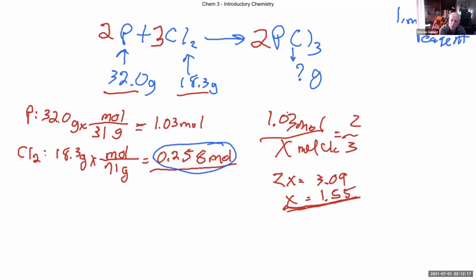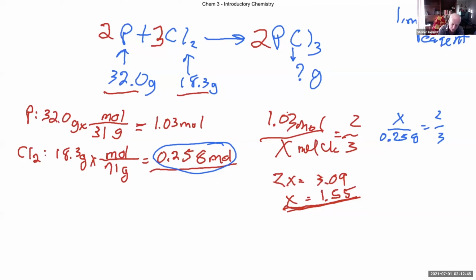Now, if I would have picked the other one, it would have still worked the same way. If you don't believe me, we'll try it. Okay, so let's go ahead and do the same thing, except this time I'm going to pick X as phosphorus. So I got X moles of phosphorus to 0.258 moles of chlorine. And the ratio is still 2 to 3. And to solve any ratio, just cross multiply.